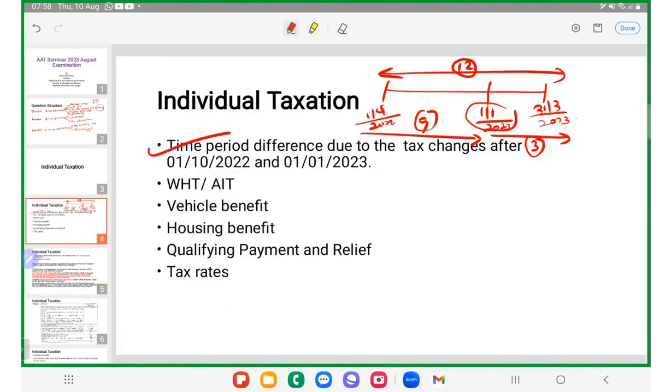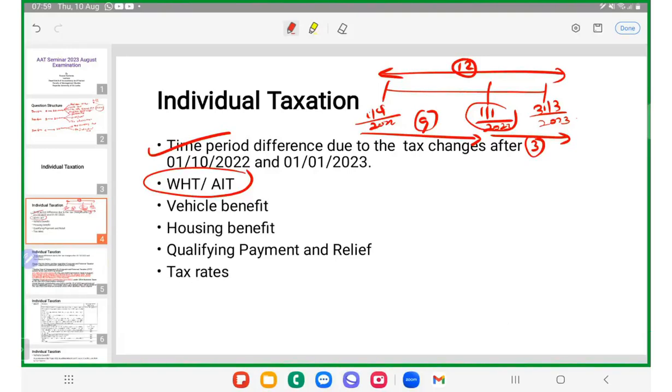Then after 1st January 2023, the Inland Revenue Department, the government, introduced withholding taxes which were abolished earlier, or AIT. Both are conceptually the same, don't worry. Withholding tax, so advance income tax. Here it is AIT, not APIT.